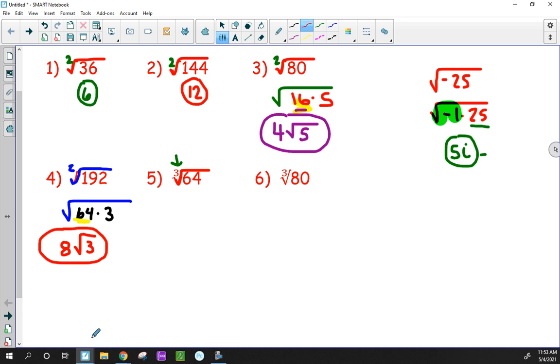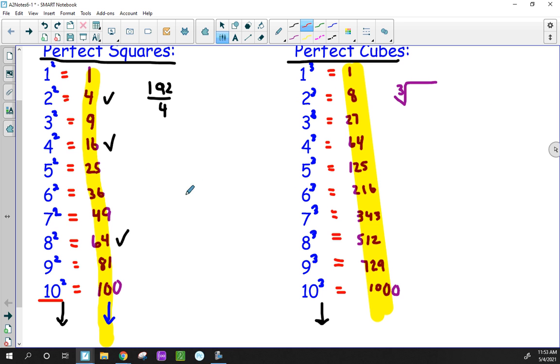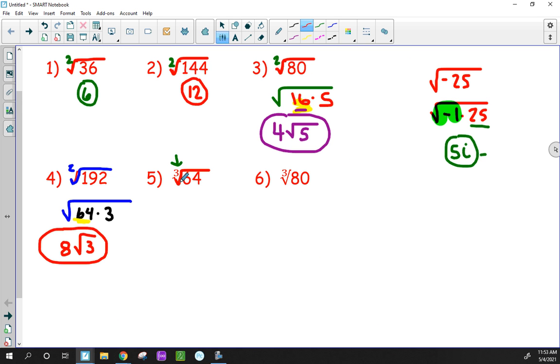Because it's a cube root, we go back to our first set of notes and we're looking at the cube list. We're looking to see if 64 is in this list. And right there it is. 4 to the third is 64. So that must mean the cube root of 64 is just a nice whole number. It's just 4. That one is an easy one, like these.